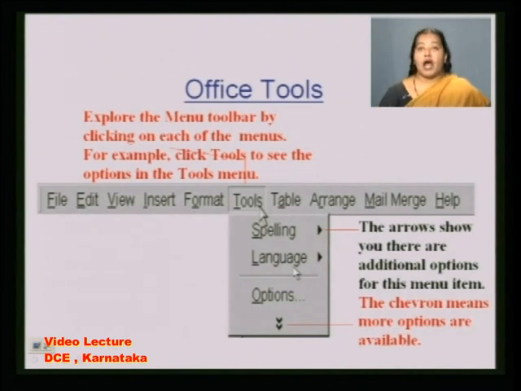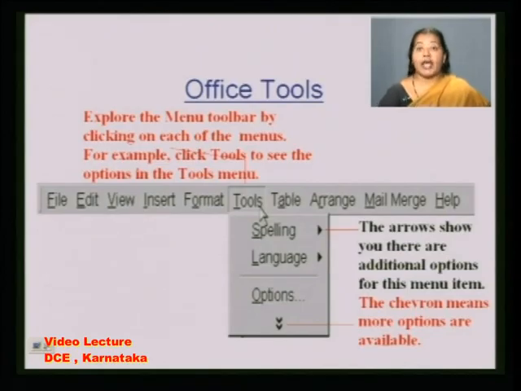Now the operating system is XP or Windows. There will be different office tools. See, actually Microsoft Office 1997 is also available, Microsoft Office 2000 and Microsoft Office 2003.